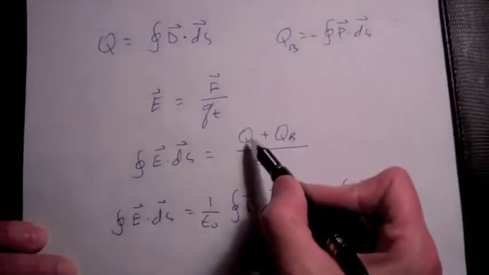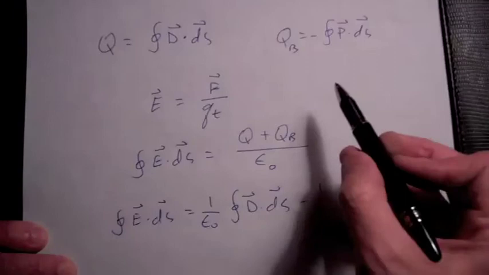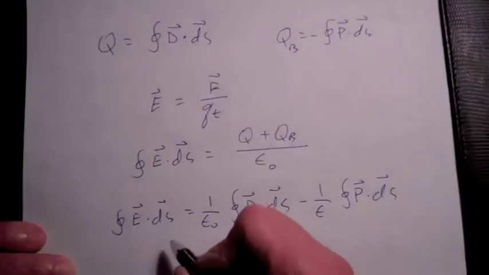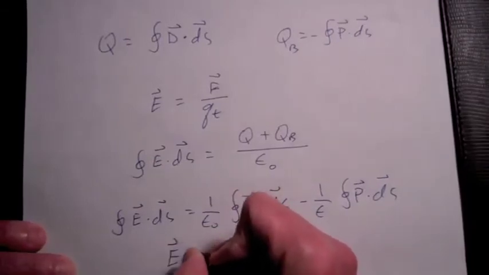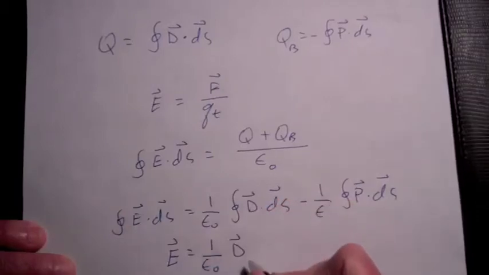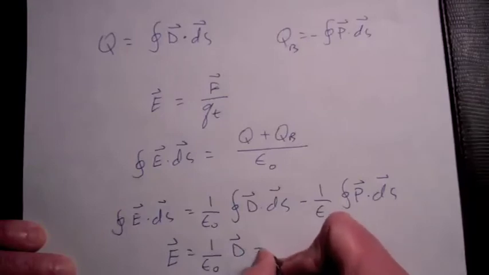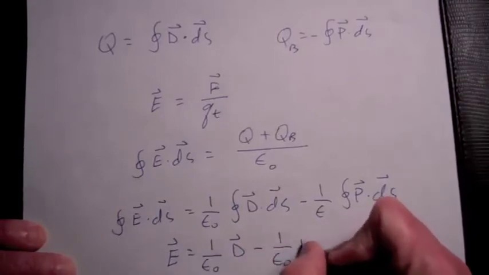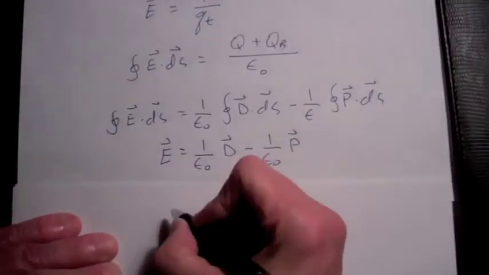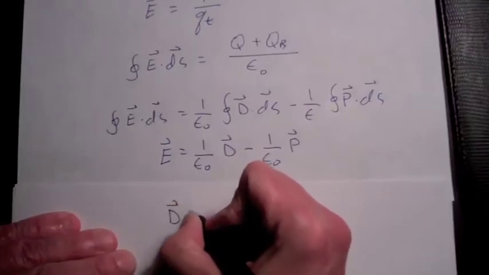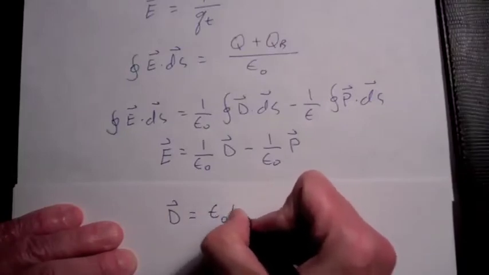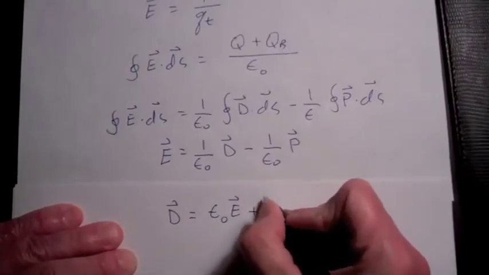So I've substituted Gauss's law for Q, the free charge enclosed, and this expression we just came up with for the bound charge enclosed. So the electric field intensity is equal to 1 over epsilon sub 0 times the electric flux density field minus 1 over epsilon sub 0 times the polarization. Or rewriting this, the electric flux density field is equal to epsilon sub 0 times the electric field intensity plus the polarization.